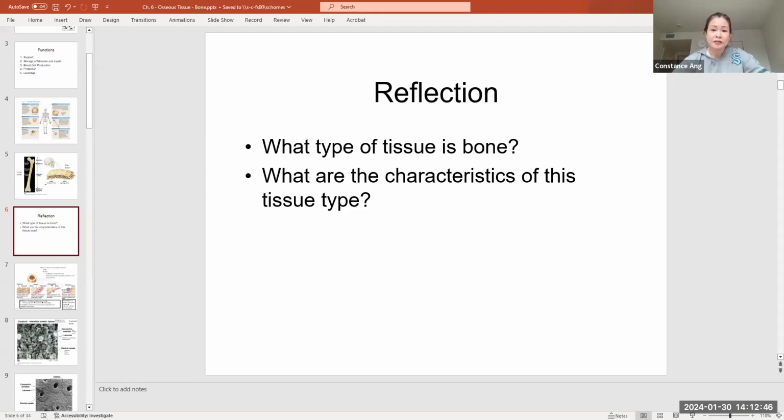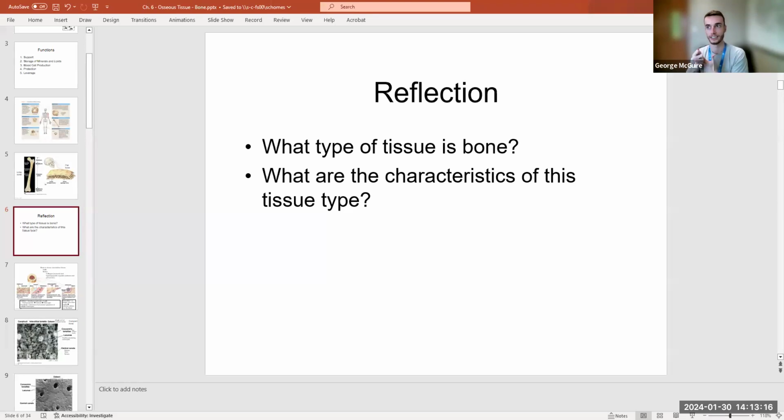Okay. So we really have two categories. We have the cells and then the matrix of connective tissue. And that matrix is composed of the ground substance or fluid, which can be more viscous or more liquid depending on the connective tissue, as well as the organic protein fibers. And so since we just identified that bone is a dense connective tissue, we're going to be looking at the different cell types that you would find in bone and osseous tissue.